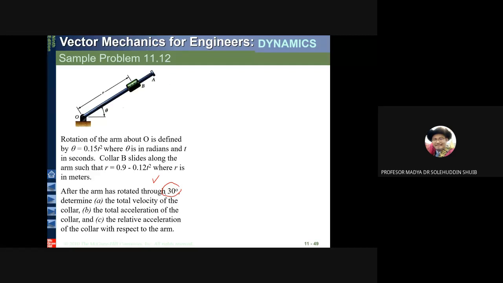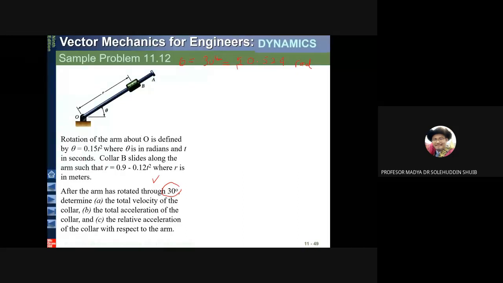So this 30 degrees you have to convert into radian, and you get 0.524 radian. This is the first part.